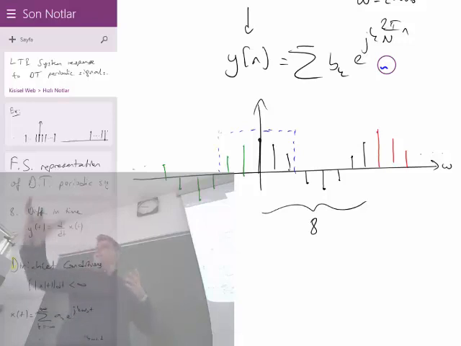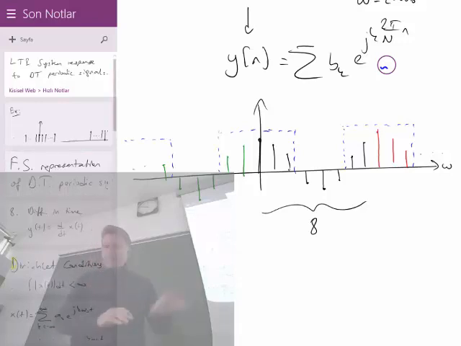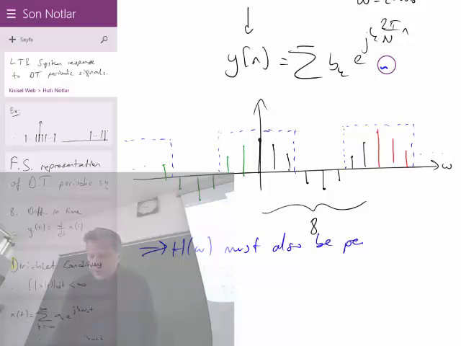They are just repeated versions of that, which means that our filter shape shouldn't be a single blue like that, but it must be like this as well, or like this as well. So the h of omega must also be periodic.